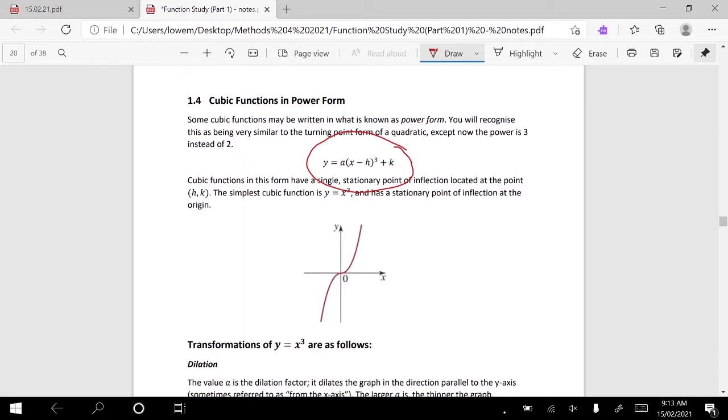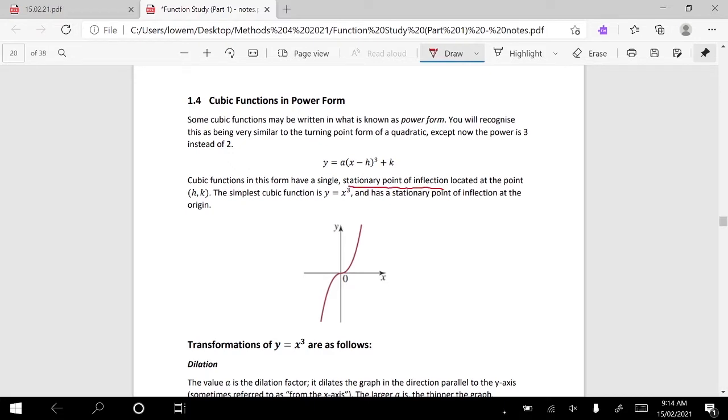And when a cubic function is written in power form, what it means is that we can sketch our graph of the cubic, and it won't have the appearance of a minimum and a maximum value that you've seen before, but rather it has something called a single stationary point of inflection. It has a stationary point of inflection.